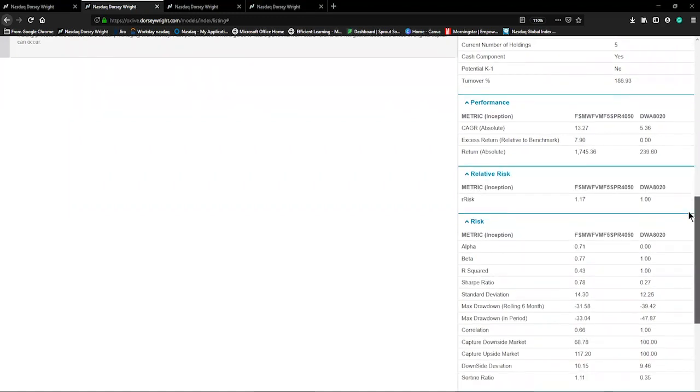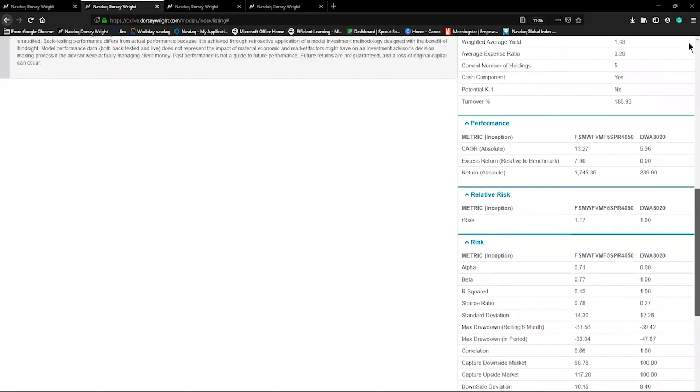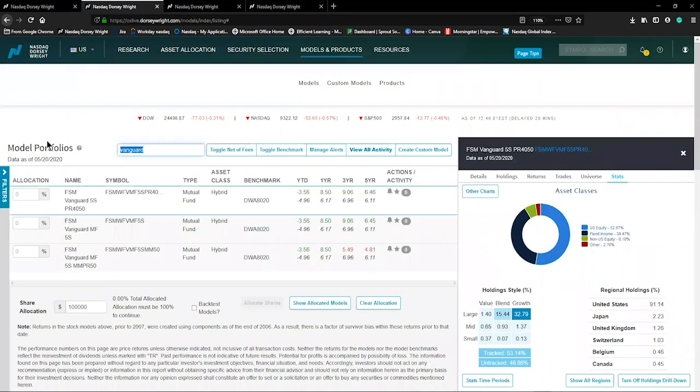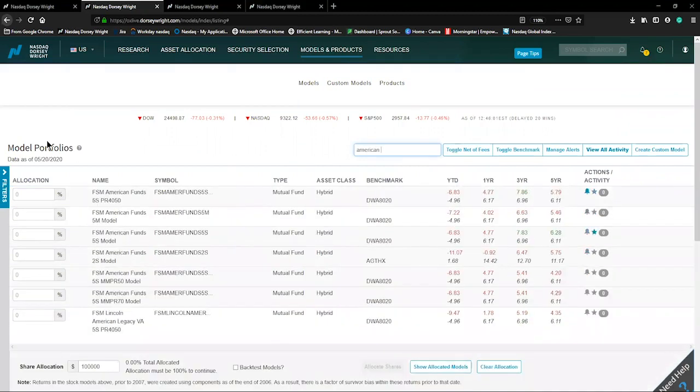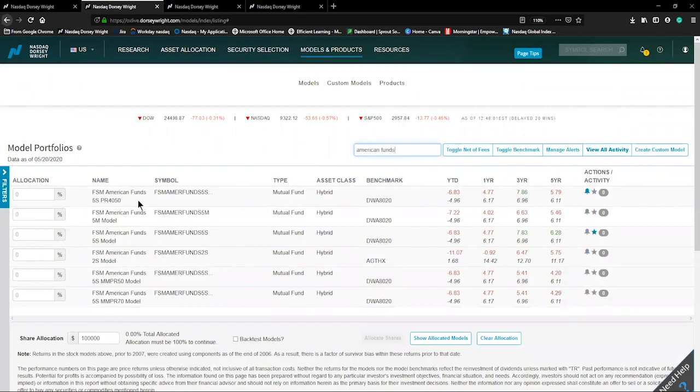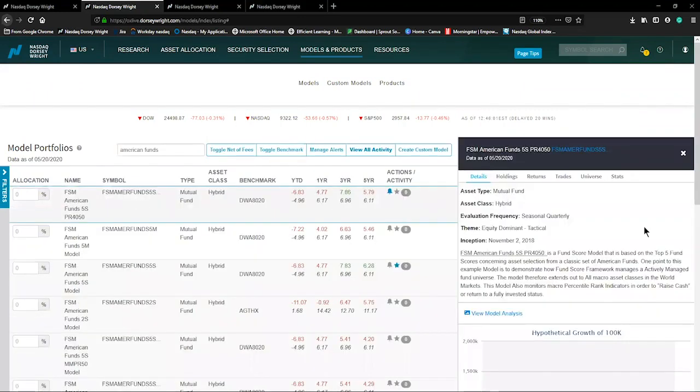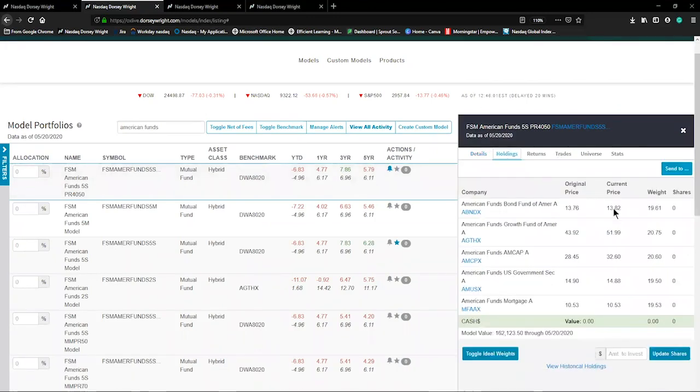And looking at another model inventory that we have here for the equities, or typically equity focused side of things, is going to be the one that Eric went over there that's going to be included in the FSM model guide, and that's looking at the American Funds lineup. Again, this is going to be a similar approach, just different inventory. We can come in here and click on the holdings tab and see that the latest model evaluation we had for American Funds presented quite a different picture than we maybe see for some of the other more flexible inventory models.